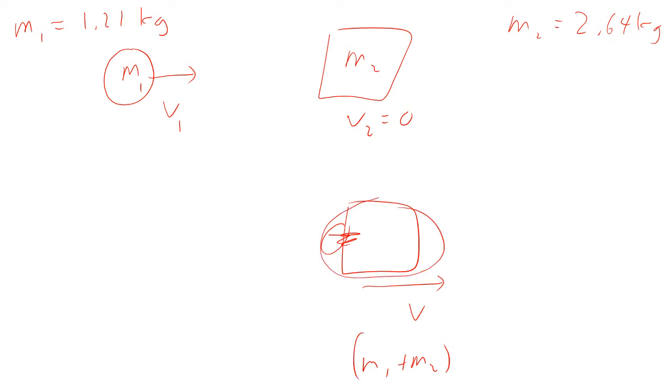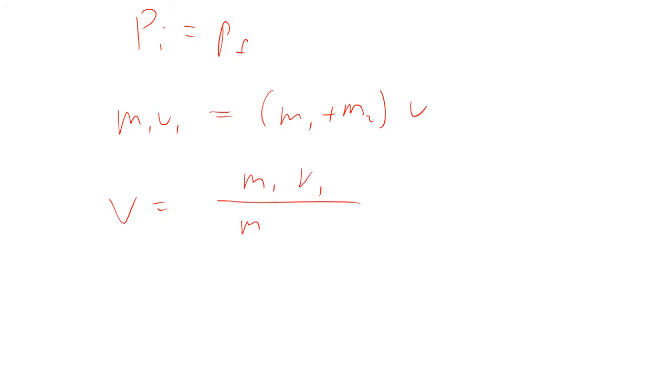All right, so we want to solve this problem. Well, initial momentum equals final momentum. So initially it's m1v1, and then at the end it's m1 plus m2 times the final velocity. So the final velocity is m1v1 divided by m1 plus m2.